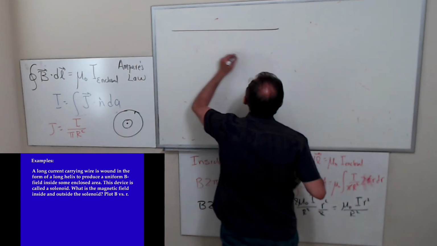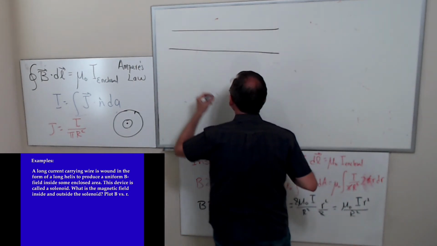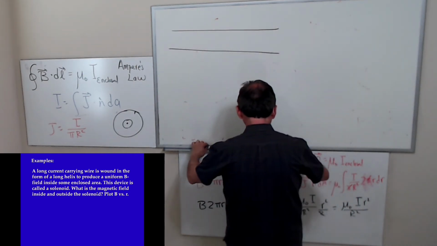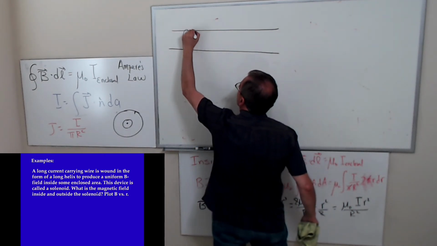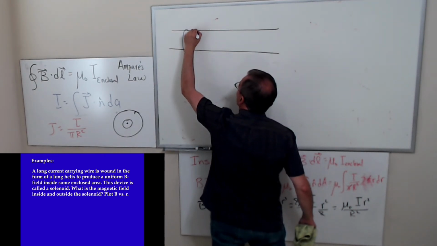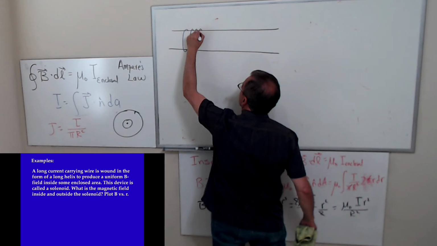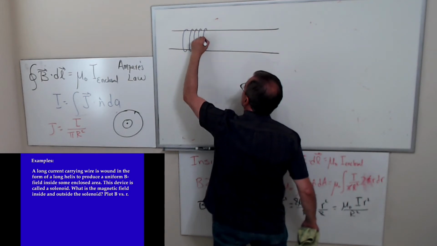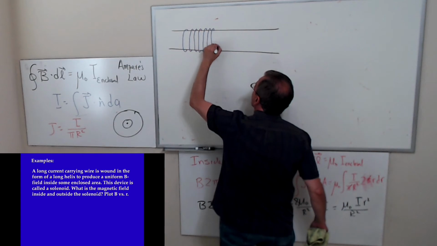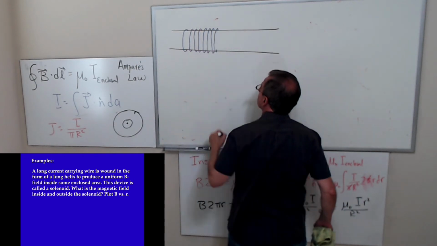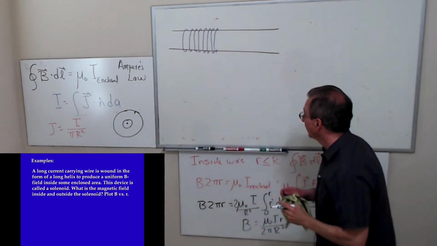So let's say I have a long wire wrapped around some tube. And the wires are very closely spaced together. Okay, that should be enough. I don't want to draw every single one.